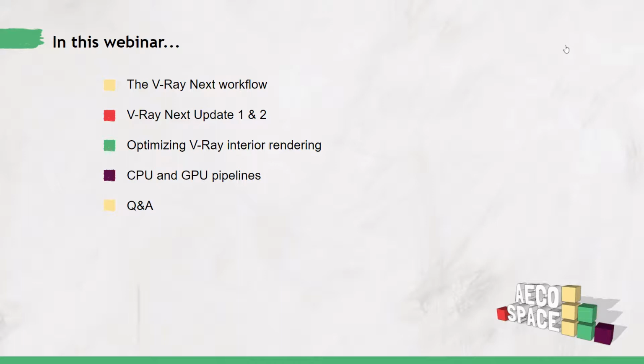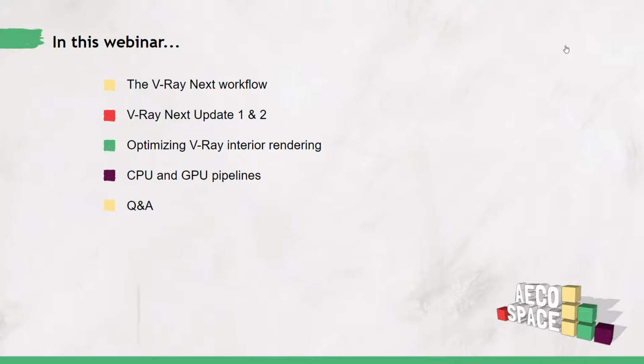Something I want to make very clear is that with the latest release of V-Ray, the V-Ray Next line with update 1 and update 2, it's easier than ever to pick if you want to render CPU or GPU. Both support interactive rendering and production rendering. My only suggestion is after you pick one, please stay on it for the whole project.